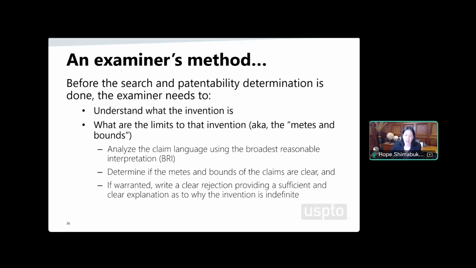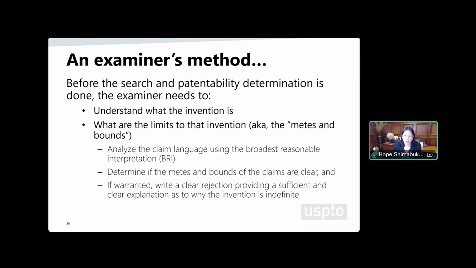First, the examiner is going to analyze the claim language, usually the broadest reasonable interpretation, and sometimes we refer to that as BRI, to determine the scope of the claim. During examination, the claim must be given its BRI, consistent with the specification, as it would be interpreted by one of ordinary skill in the art.